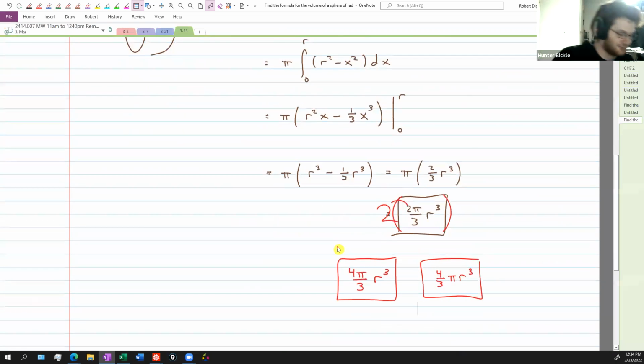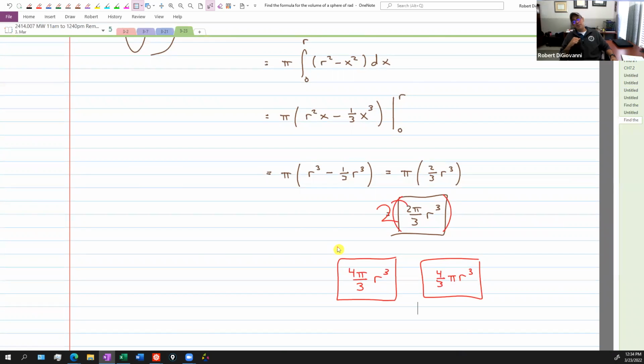It's harder to show the area of a circle is pi r squared than it is to show that the volume of a sphere is 4/3 pi r cubed, because to do the area of a circle, you have to do trig sub. But to do the volume of the sphere, you only need basic antiderivative stuff. There's no technique of integration you need. It's actually pretty clean. You would think it'd be much harder to show the volume of a sphere.